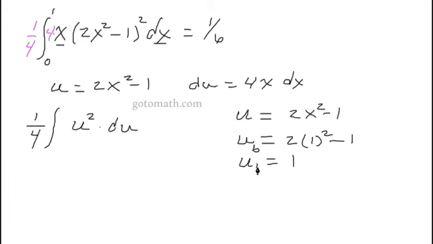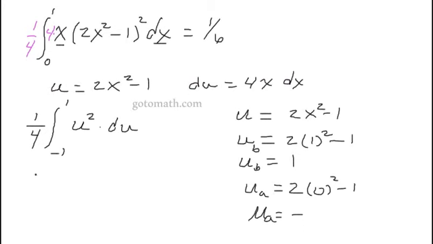So u of b is 1, and then we want to do u of a, and so this is 2 times, we're plugging 0 in this time, so this is 0 squared minus 1, and that becomes negative 1. Looks like a mu there. So we go ahead and write that in. So this is 1 and negative 1.